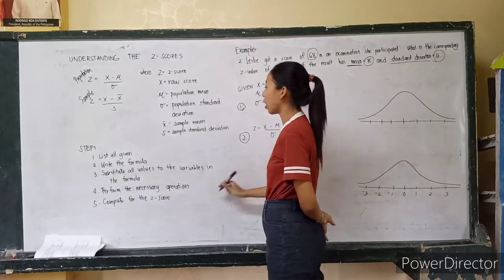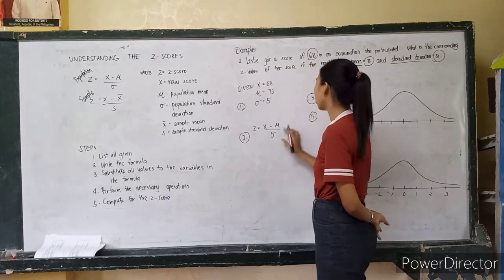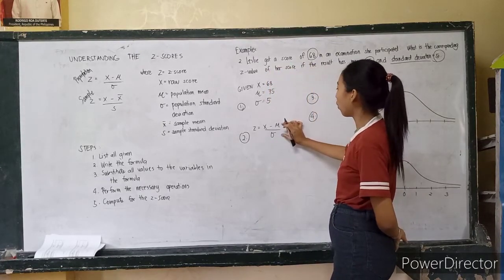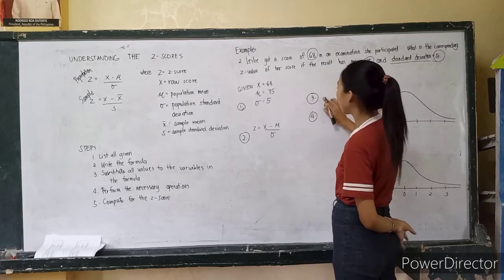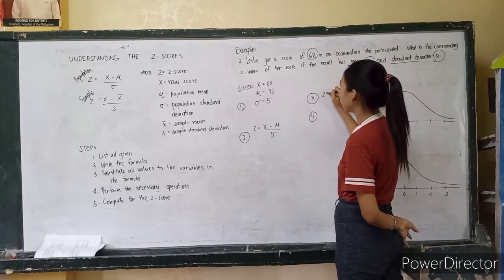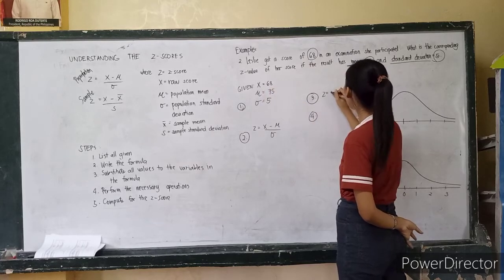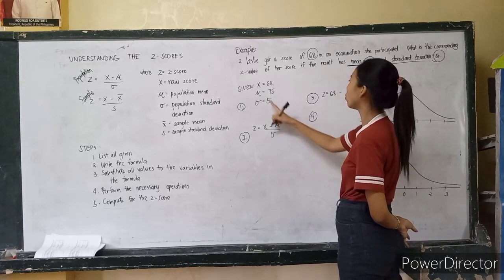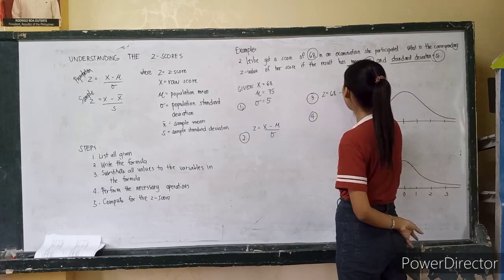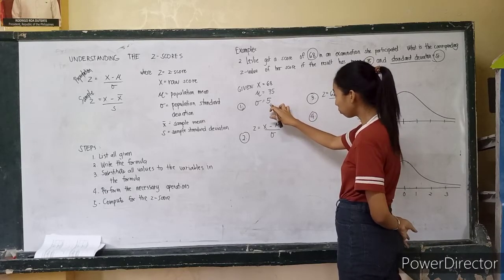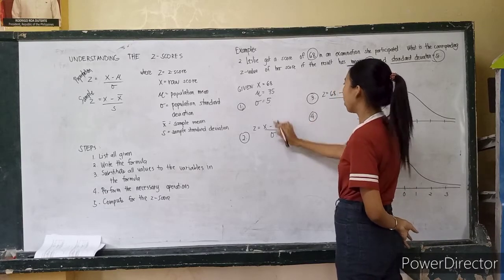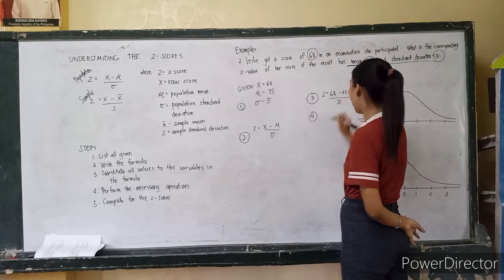Then, the third one, we are going to substitute all the values to the variables in the formula. So, we are going to have z is equal to x, which is equal to 68, minus mu, which is 75, over sigma, which is equal to 5.